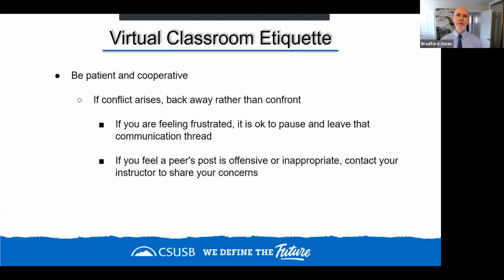If a situation arises, say on a discussion forum or in a social media thread, it's best to back off, to back away from the conflict rather than to take the bait, rather than to confront what you may perceive as an offensive post or even an attack on you personally.